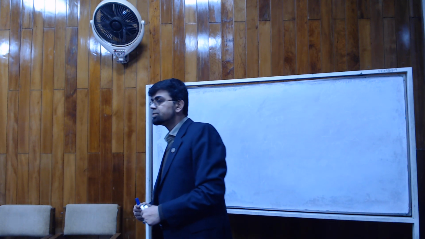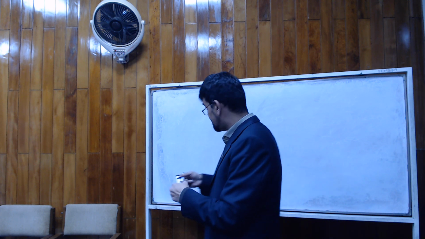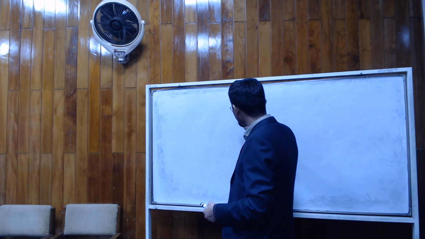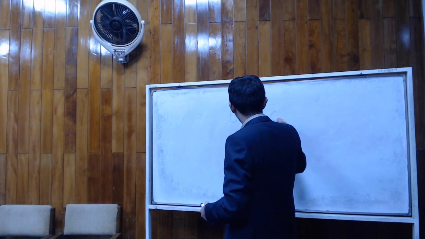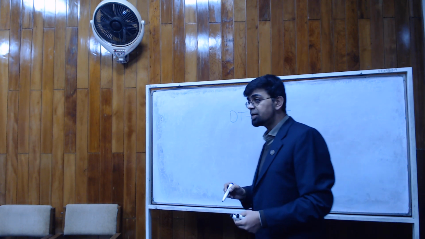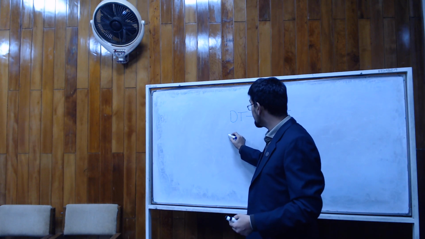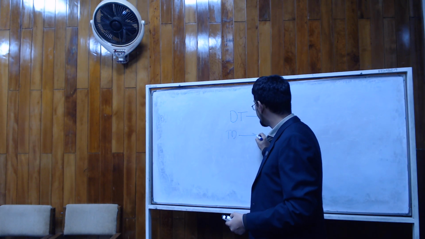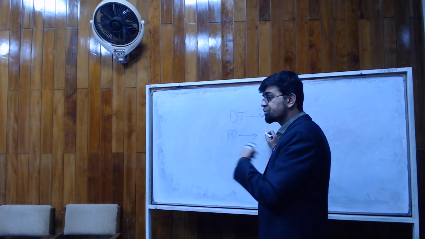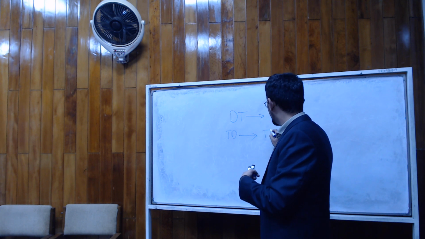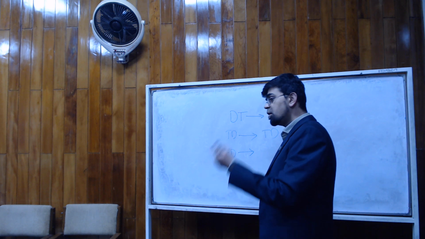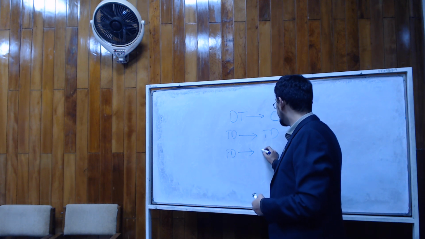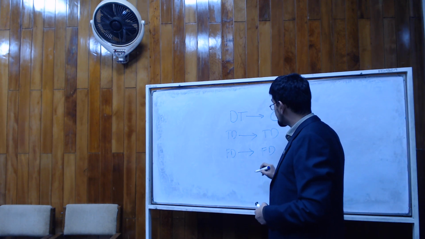Sir, frequency domain. Yes. Going from discrete time to continuous time, right? And the time domain in discrete time, we saw its equivalent in continuous time, right? And also the frequency domain in discrete time, we saw its counterpart in continuous time.